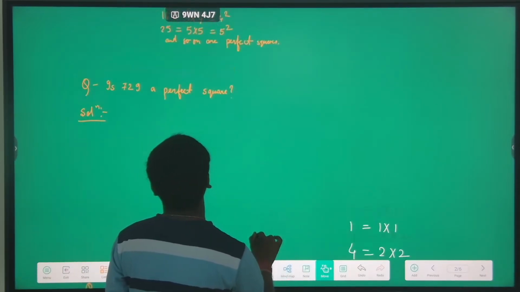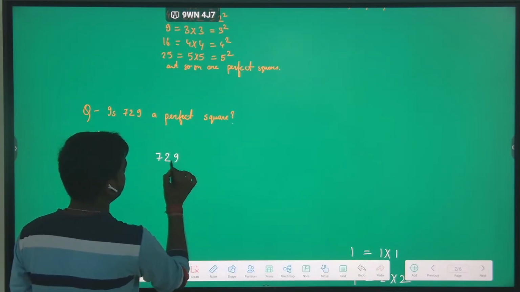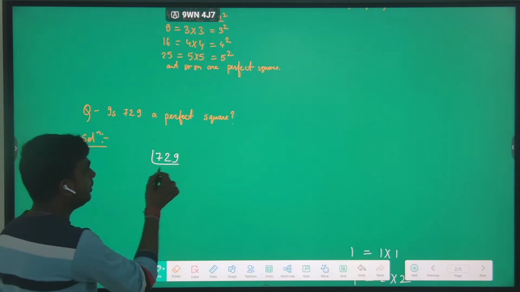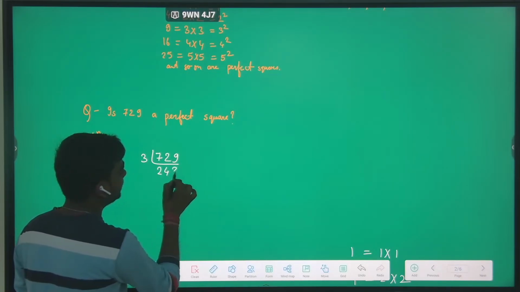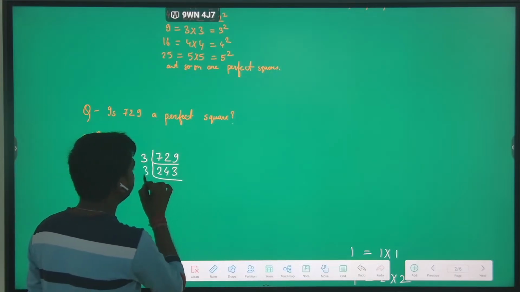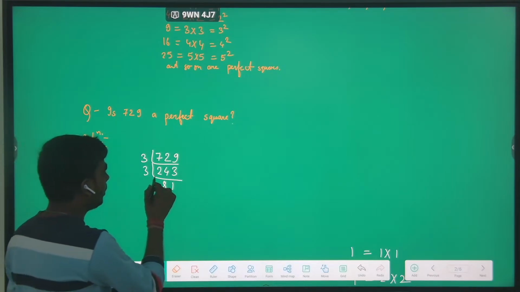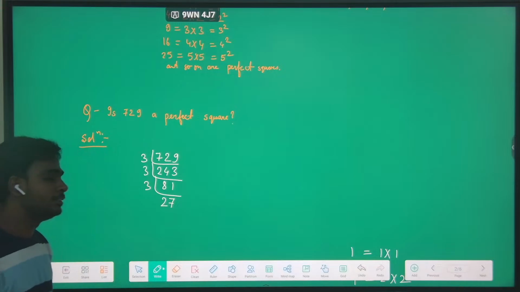This is our 729. Let us prime factorize it. It will be divisible by 3. 3 2s are 6, 3 4s are 12, 3 3s are 9. Again, 3 8s are 24, 3 1s are 3. Again, 3 2s are 6, 3 7s are 21.